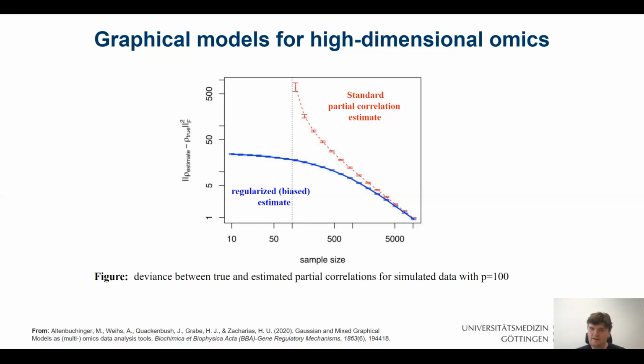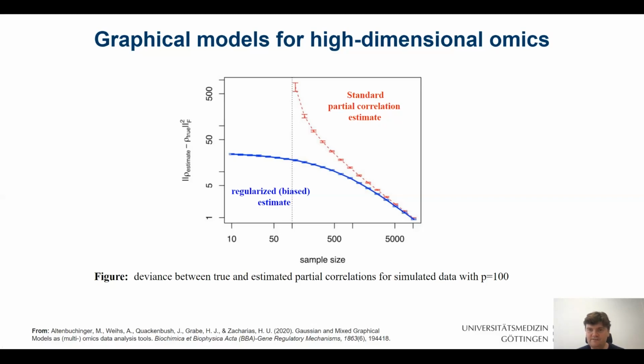And the standard partial correlation estimate, that's already almost 100 years old and known how to calculate, is shown here in red. And on the x-axis, we have sample size.